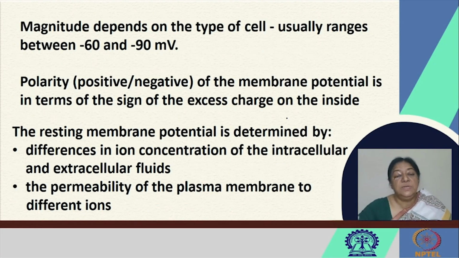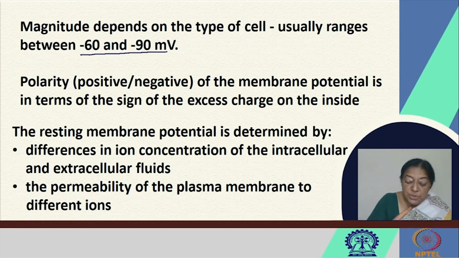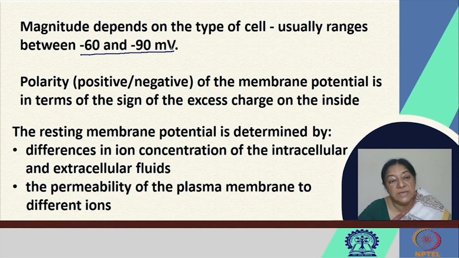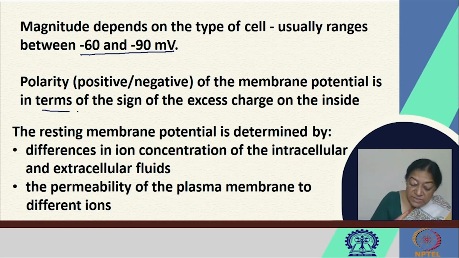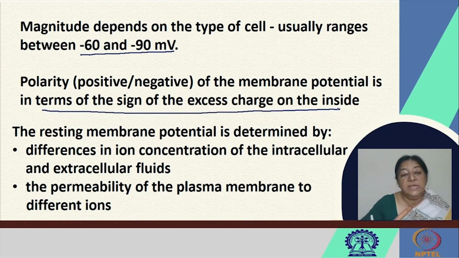This magnitude depends upon the type of the cell, and it usually ranges between -60 and -90, and the negative sign is because we have the excess charge on the inside, because the polarity, positive or negative, of the membrane potential is in terms of the sign of the excess charge on the inside.